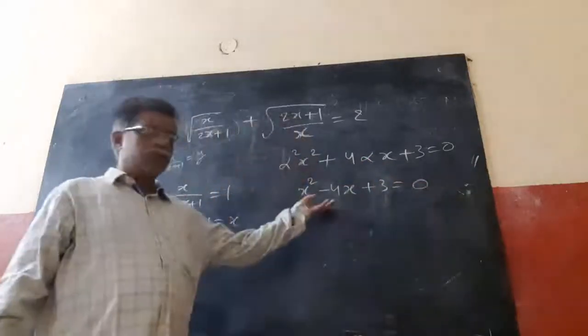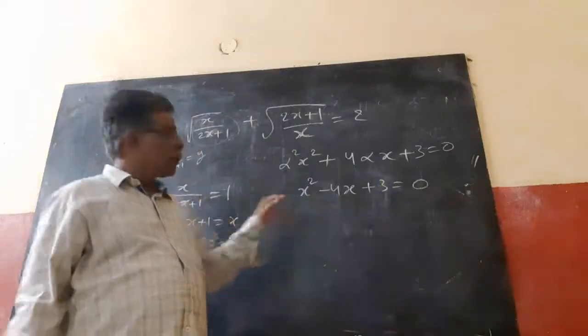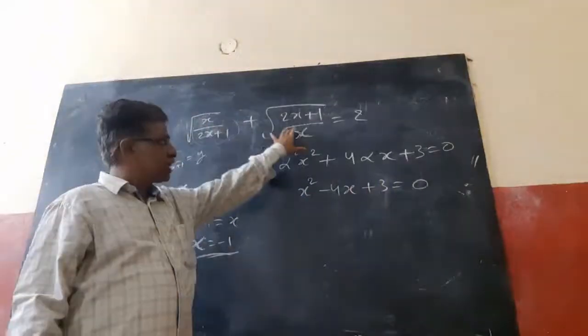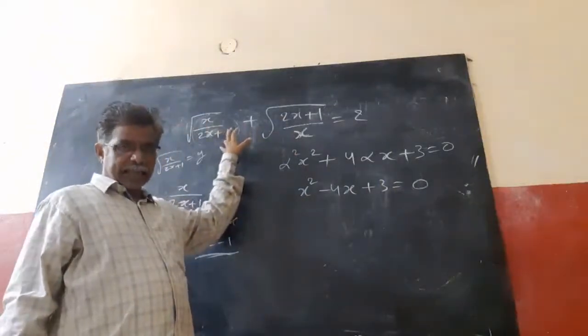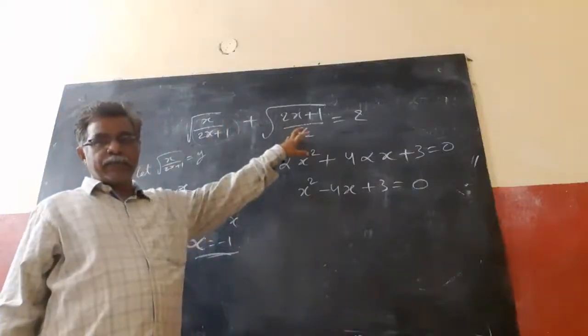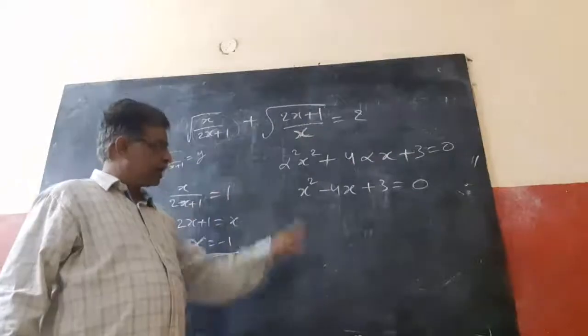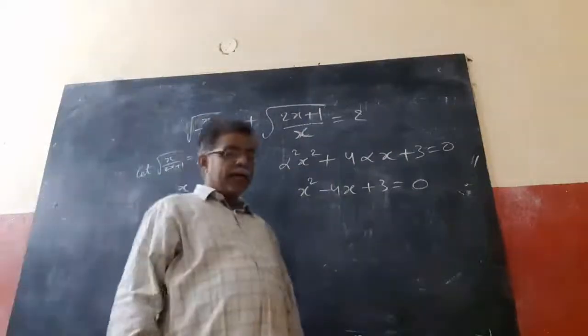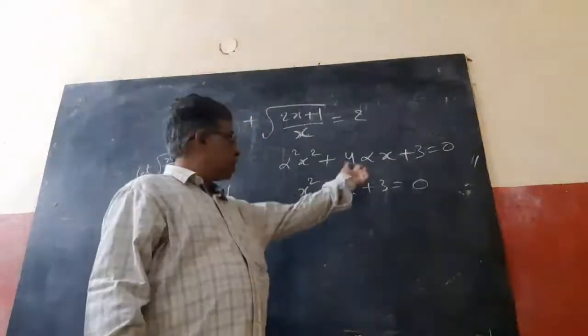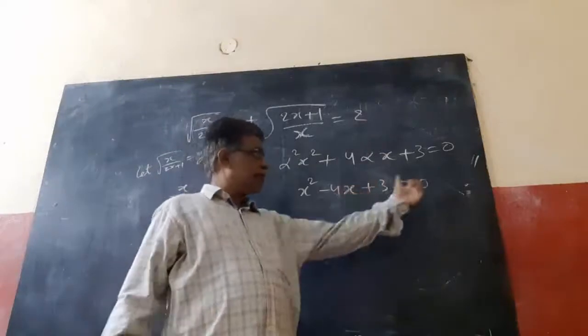Now he is asking to solve this equation. This is such a simple question, just logical thinking. You can say this is 1 plus 1, 2, so this value is 1. Last multiplication, x equal to minus 1. Substitute here, alpha square means minus 1 square, 1. 4 into minus 1, minus 4x plus 3.